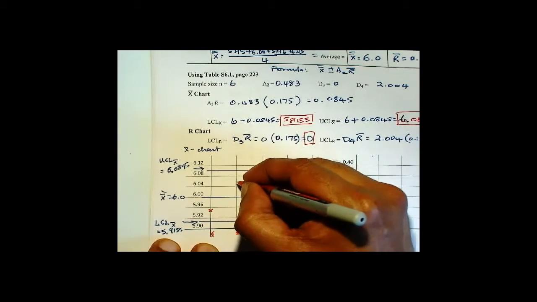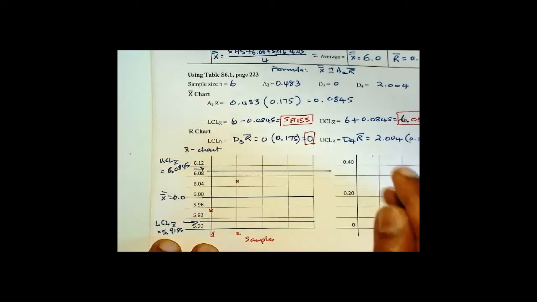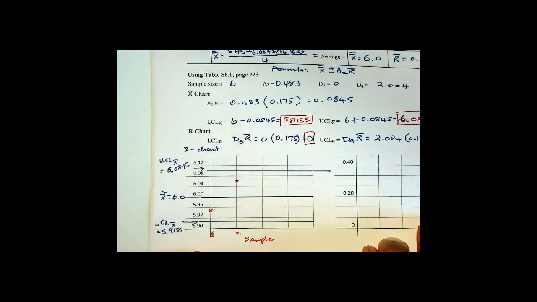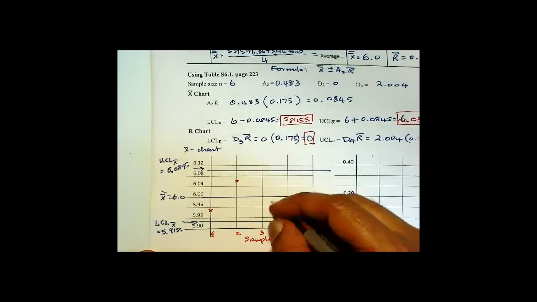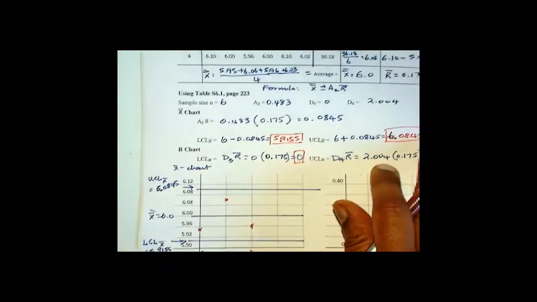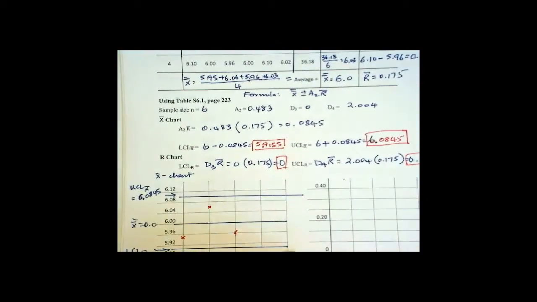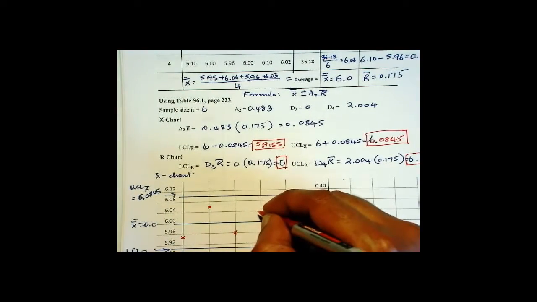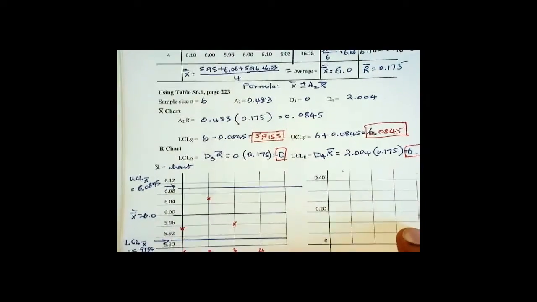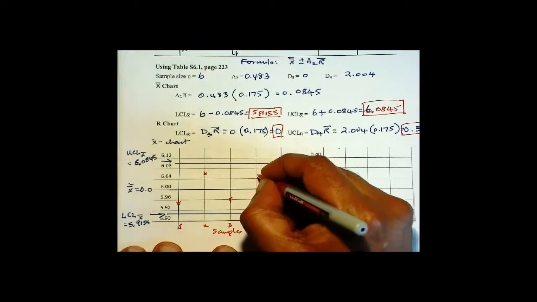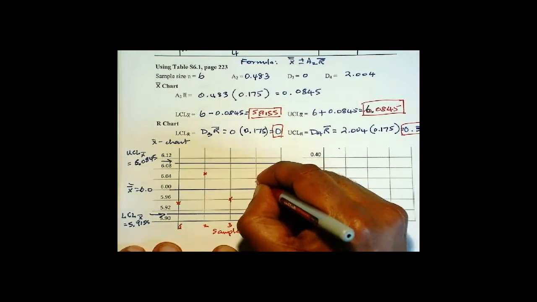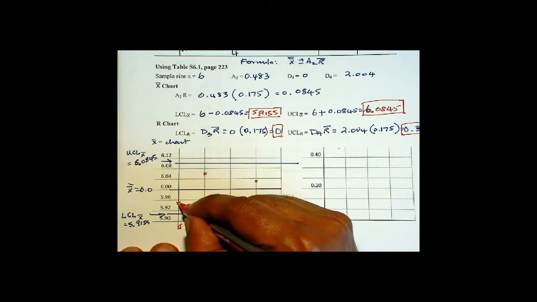Sample 2 is 6.06. And then 5.96 for sample 3. And then 6.03 for sample 4, which would be about that. So now you connect the points.